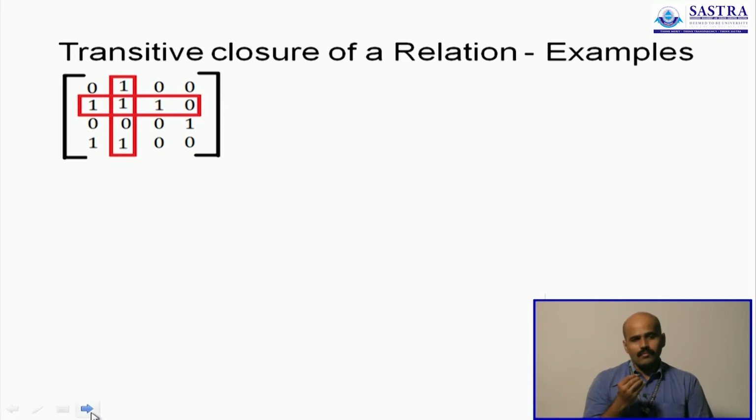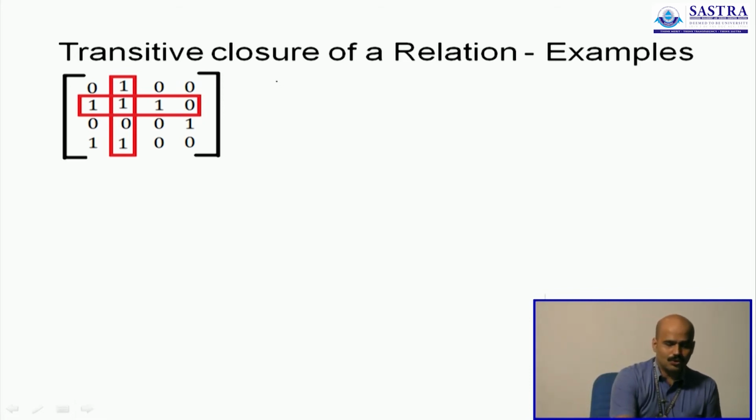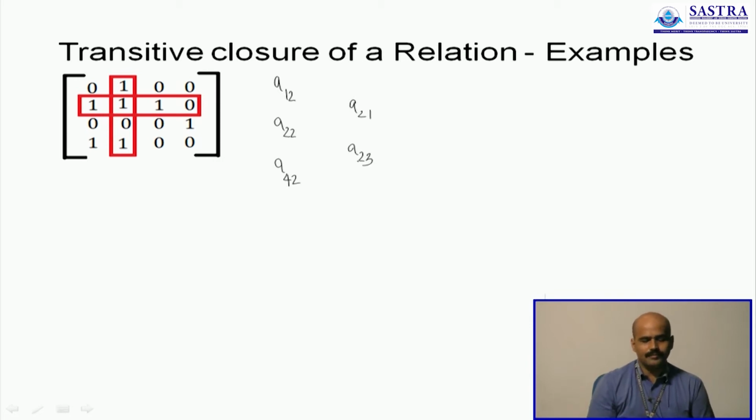Okay. Now moving on to the second iteration, you have too many ones to be compared. So 1 2 is 1, 2 2 is 1, 4 2 is 1, all 3 are ones. You will compare them with 2 1, 2 2 is already there, and with 2 3. 2 2 is already there, so that won't matter.